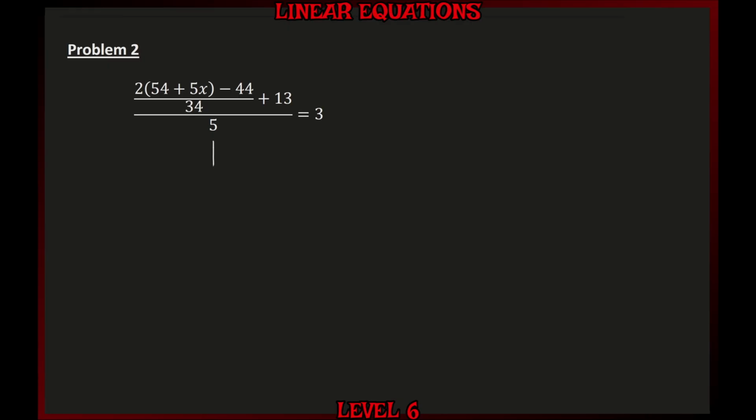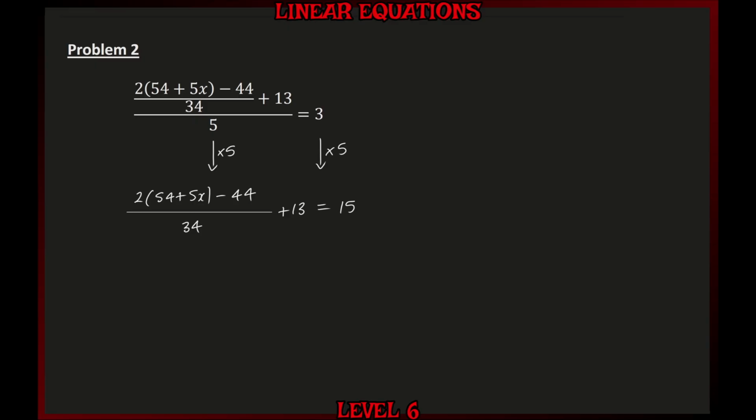To remove the divide by 5, we can multiply the left by 5 and also multiply the right by 5. And this gives us on the left 2 times (54 plus 5x minus 44) all divided by (34 plus 13). And on the right, 3 times 5 is 15.